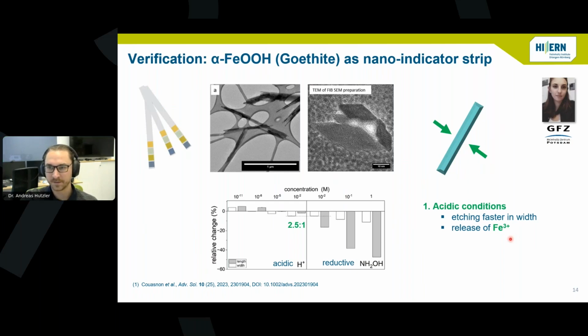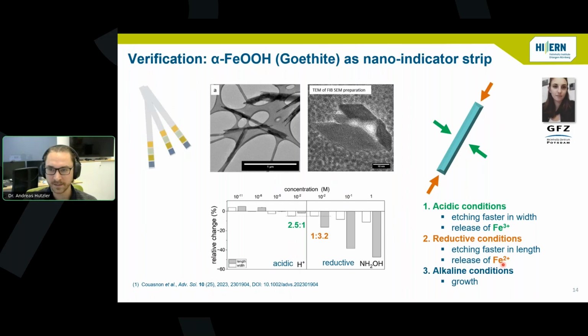And this process involves the release of iron 3+. Whereas at reductive conditions, we have a faster etching in length than in width under the release of iron 2+. And under alkaline conditions, she even observed growth.